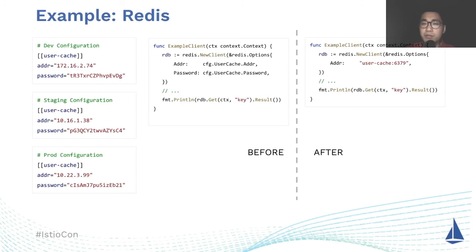But on the right, we don't need configuration, so it reduces the complexity of configuration management. It can be seen that developers don't need to know the Redis password, so maybe it can avoid leaking the Redis password in logs or elsewhere.